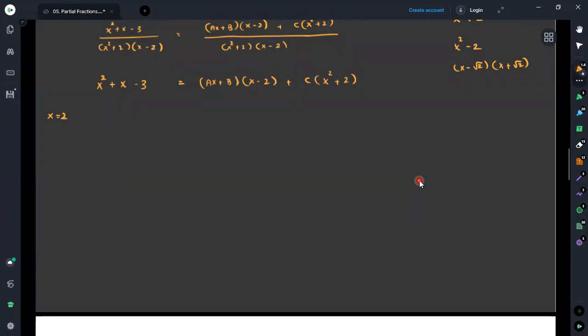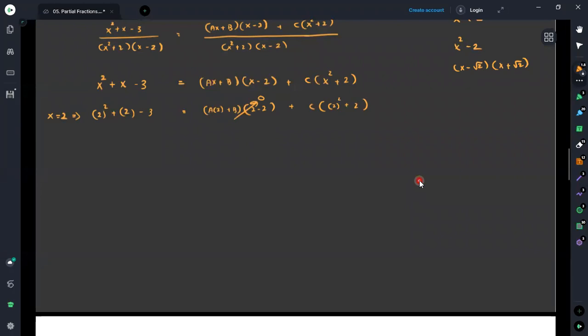If we set x equals 2, we get 2 squared plus 2 minus 3 equals a times 2 plus b, times 2 minus 2, and this entire part becomes 0, plus c times 2 squared plus 2.